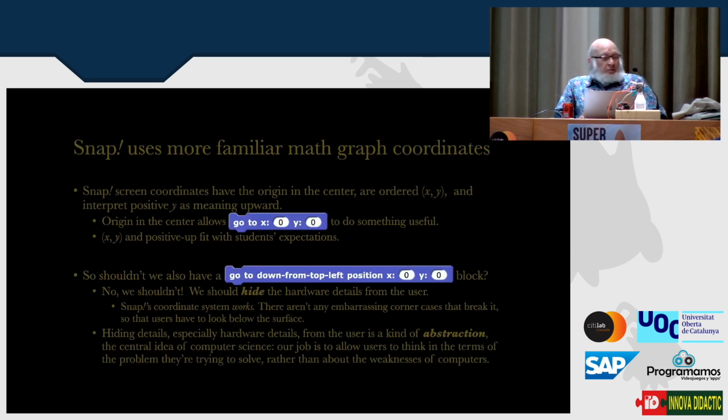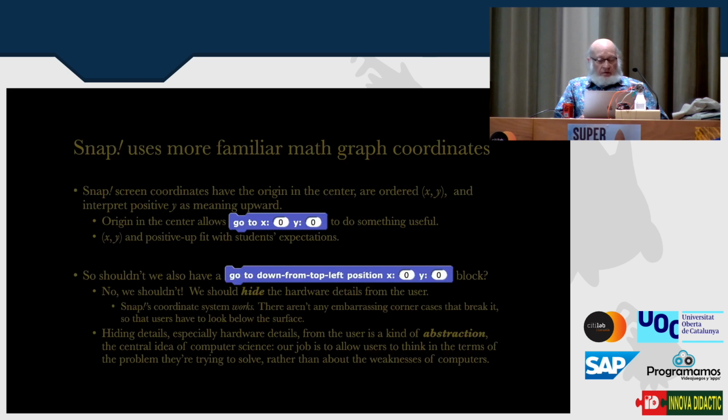We do it the way they do it drawing graphs in algebra class. Our origin is in the center. Our coordinates are ordered X, Y, and we interpret positive Y as meaning upward. Why do we bother doing it this different way instead of just doing it the way everybody else does?